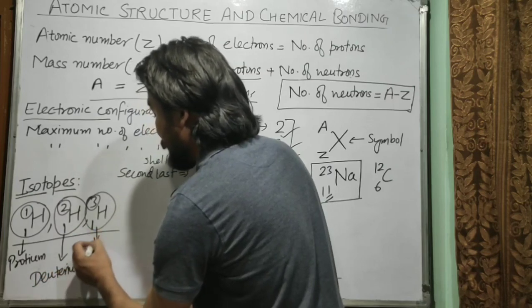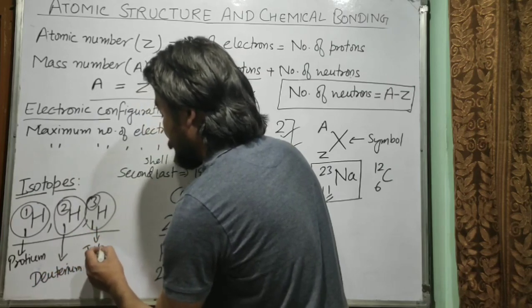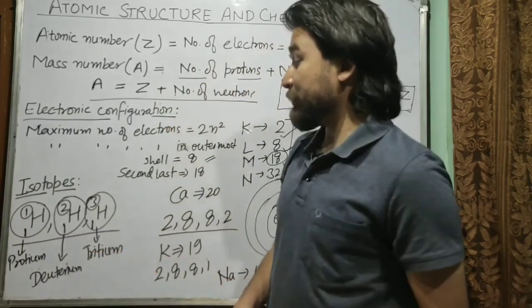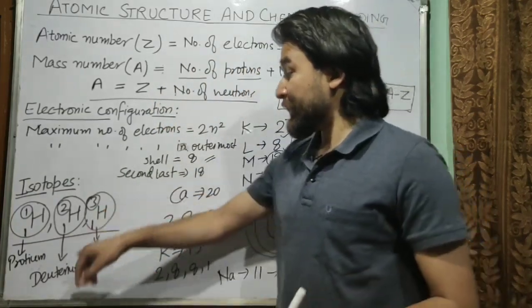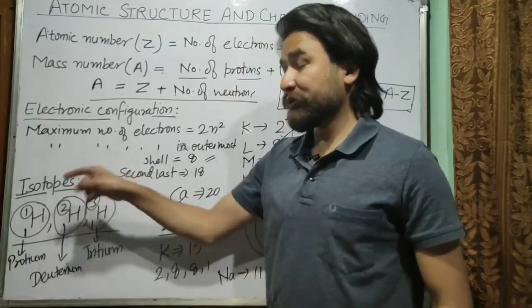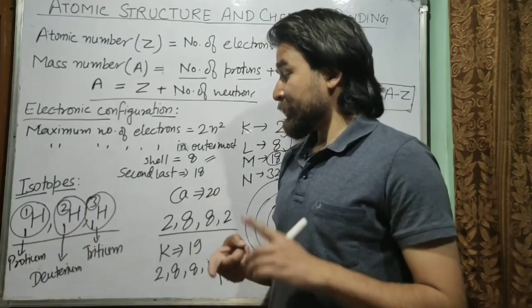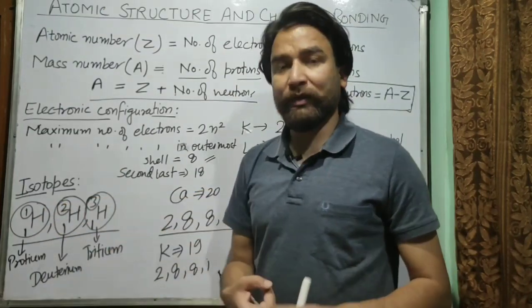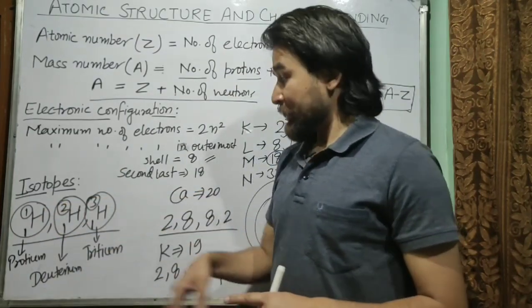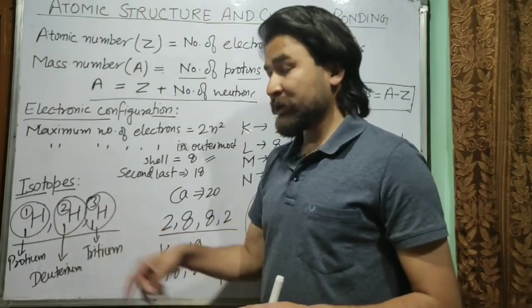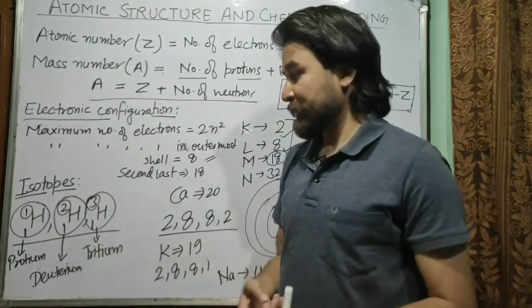And the third one is known as tritium. So you have to remember the names of these 3 isotopes. The first isotope, with mass number 1, is protium. The second isotope, with mass number 2, is deuterium, and the third isotope, with mass number 3, is tritium.